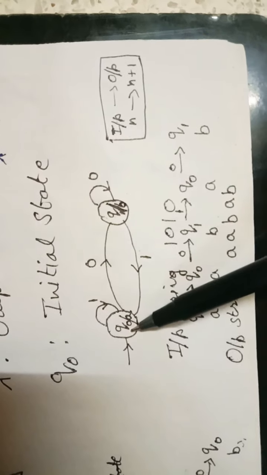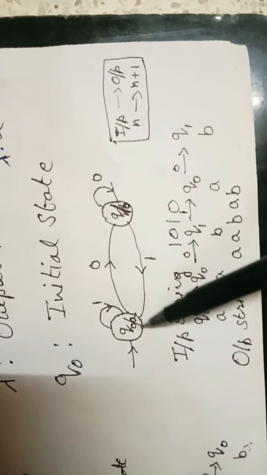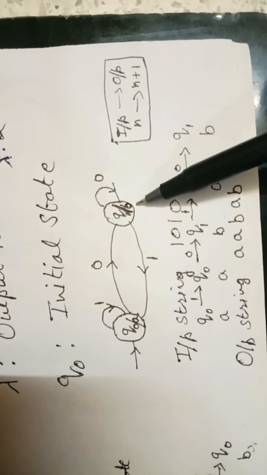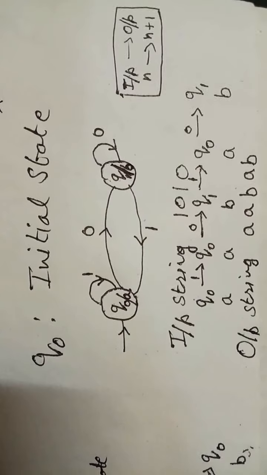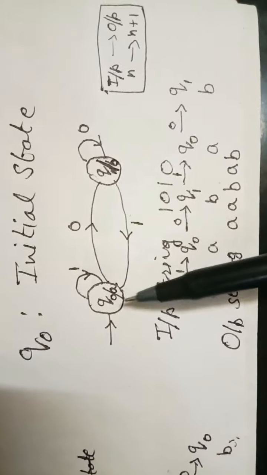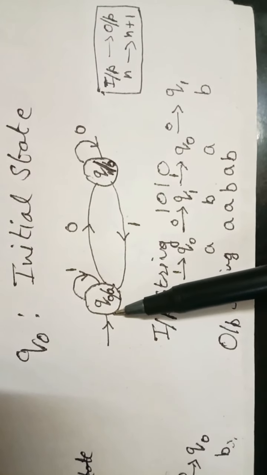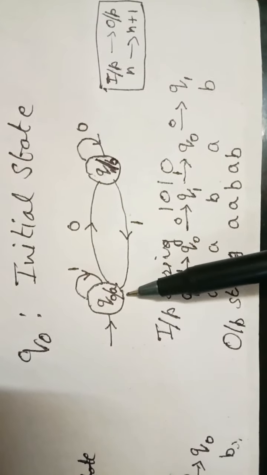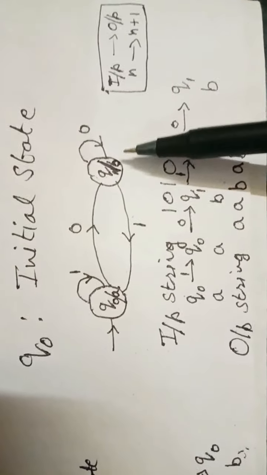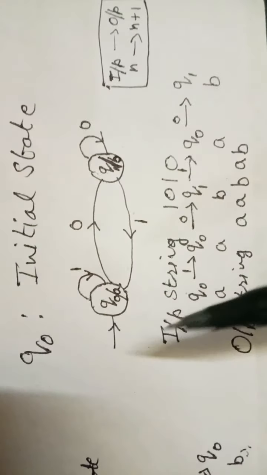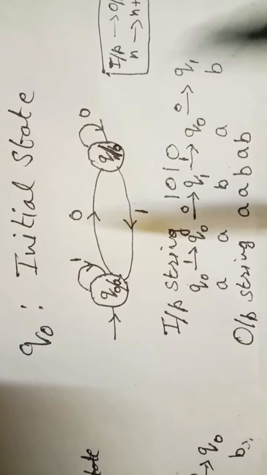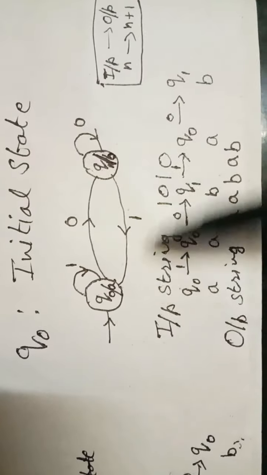So here Q naught is the present state producing output A. Q1 is the present state producing output B. So here you can see, in a Moore machine each state consists of the state itself and the output generated by itself. So Q naught is the state, A is the output. Here Q1 is the state and B is the output. And 0 and 1 are the two inputs. So now this is the Moore machine.